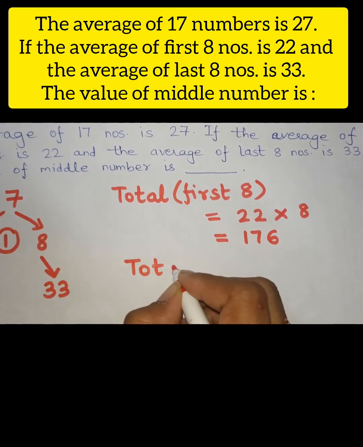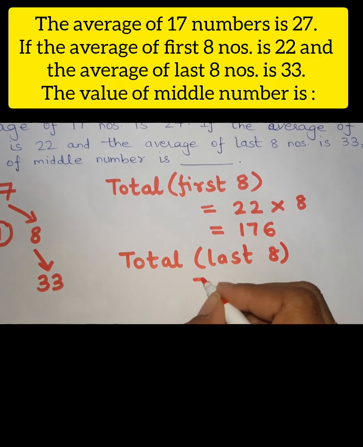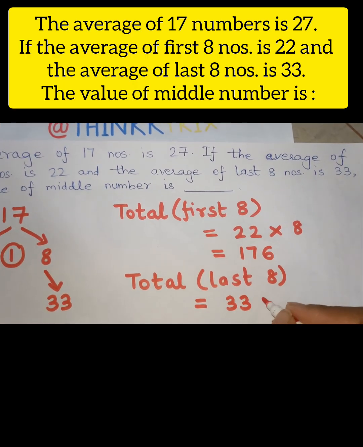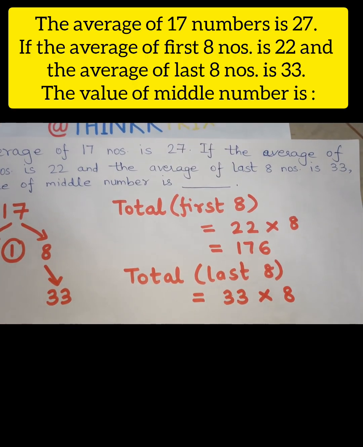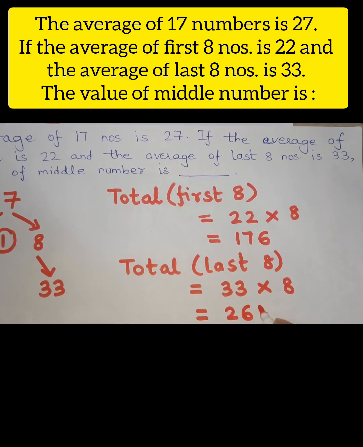The total of the last 8 numbers we get by multiplying the average, which is 33, with the number of values, which is 8. On multiplication of 33 with 8, I will get 264.